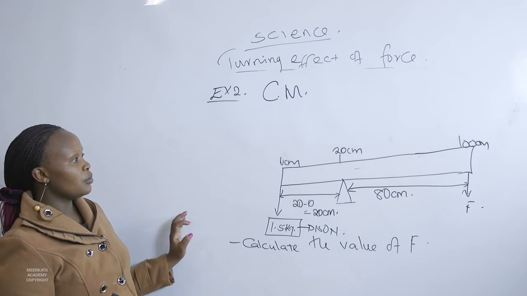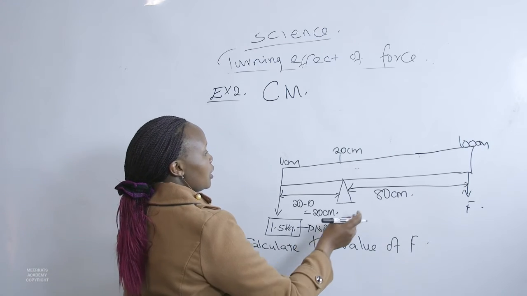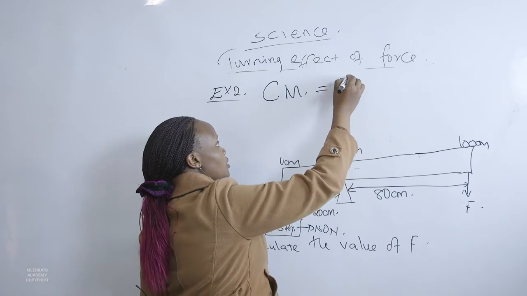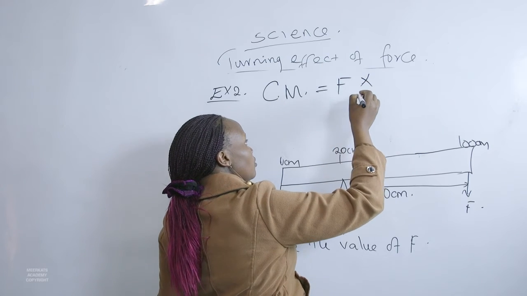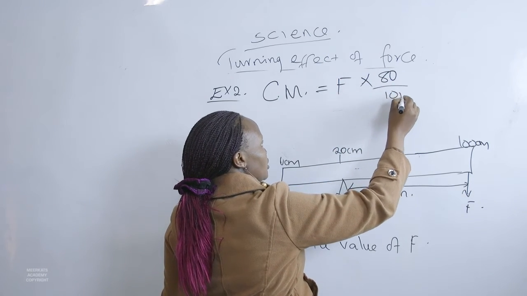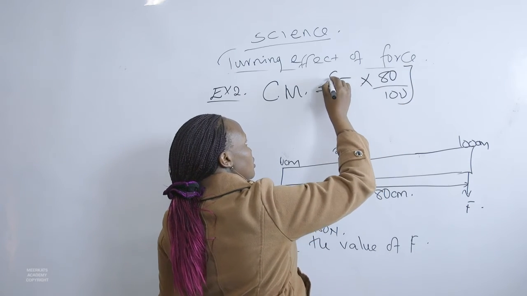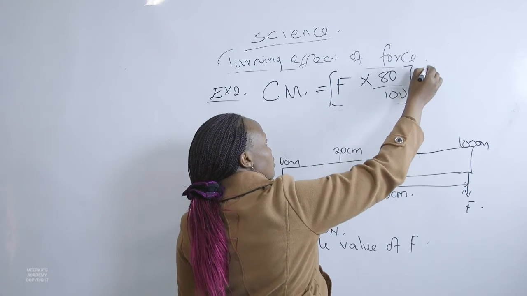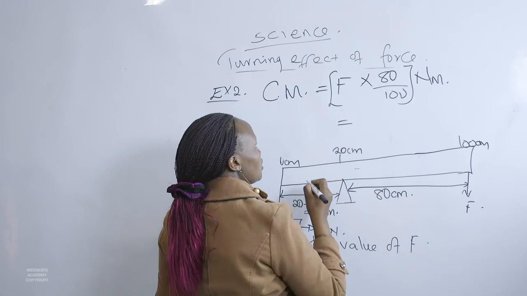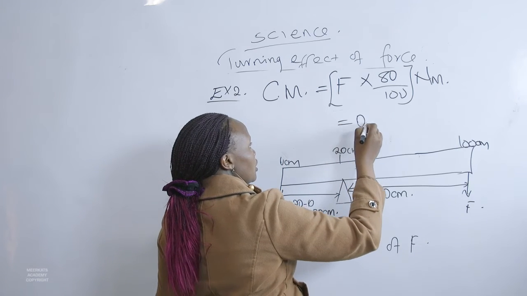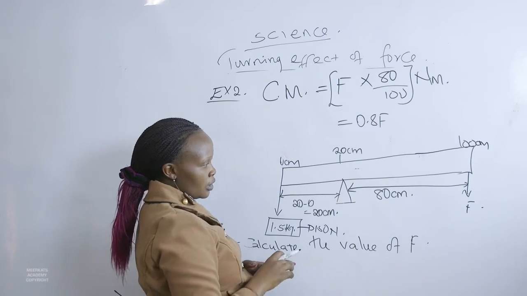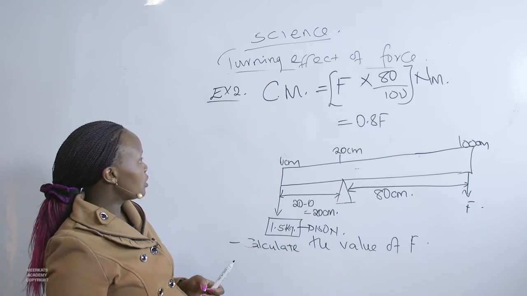Now the clockwise moment is given by force multiplied by the distance, which is 80 over 100. These are Newton meters, giving us 0.8 F Newton meters.